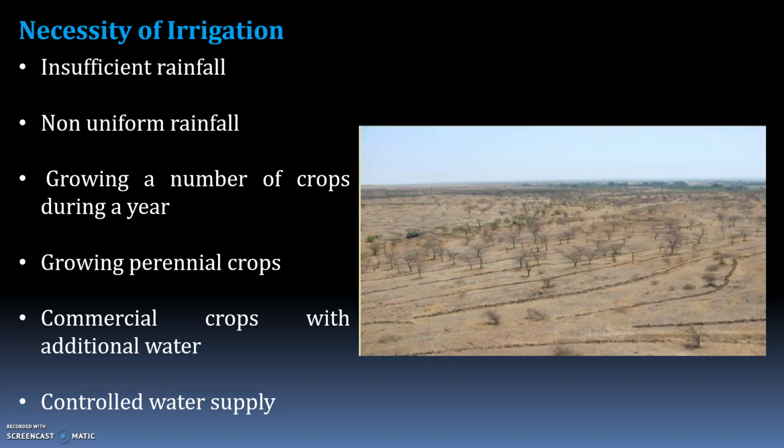Next, the third point is growing a number of crops during a year. Here, the rainfall in an area may be sufficient to raise only one type of crop during the rainy season, for which no irrigation may be required. However, with the provision of irrigation facilities in that area, crops can be raised in other seasons also.